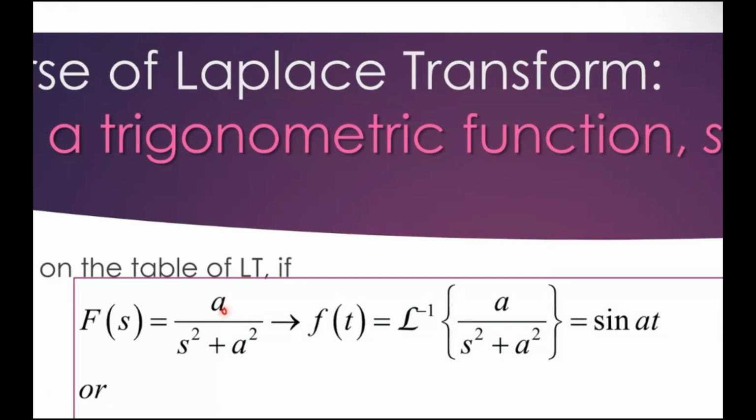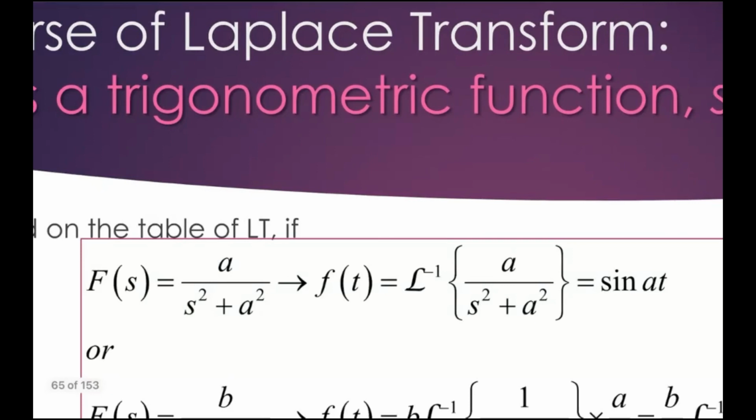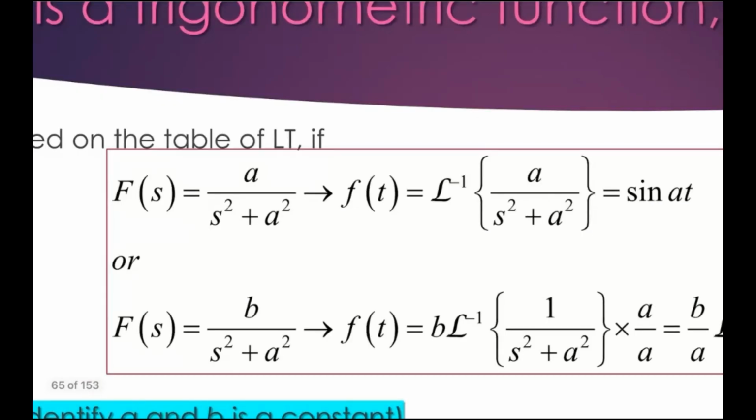Here we have a, here we have a squared. Make sure you have the same constant a here and a here. So by using this Laplace table, this one is equal to sin(at). Sometimes you don't have the same number in the numerator. Here you have a, so this applies as equal to sin(at).